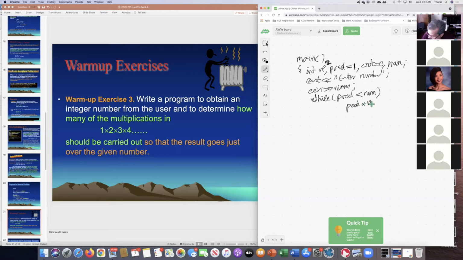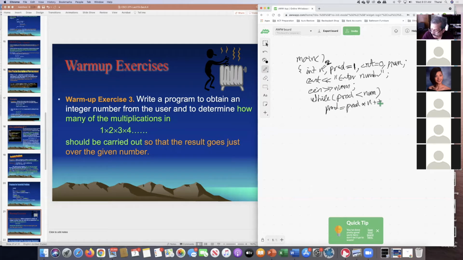N is my multiplier, and it started at 2. And put it back in prod. And then n needs to go up, right? N must start at 2, and then after multiplying by 2, n should change to 3, getting ready for the next multiplication. So I put plus plus behind it. So now I'm multiplying prod by n and incrementing n right after that.